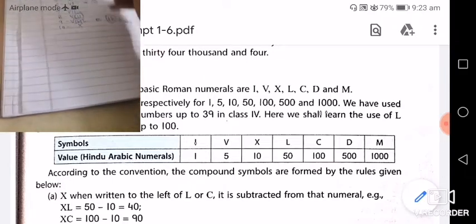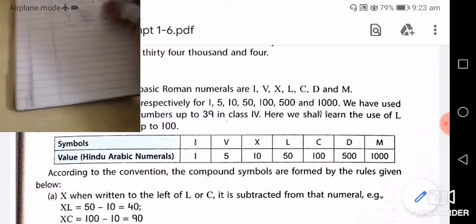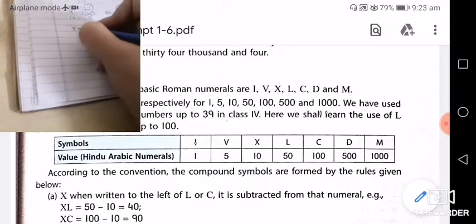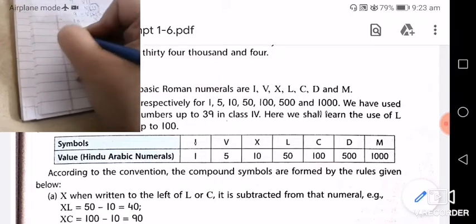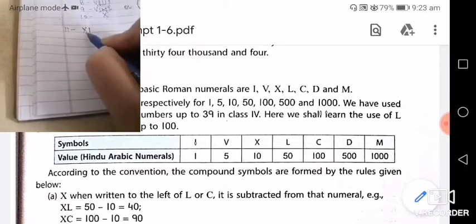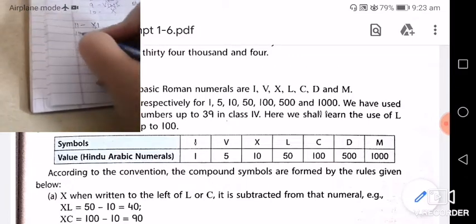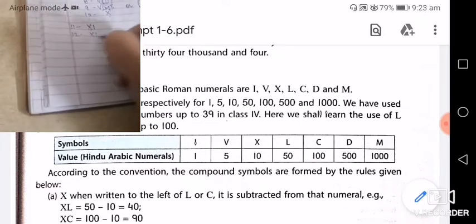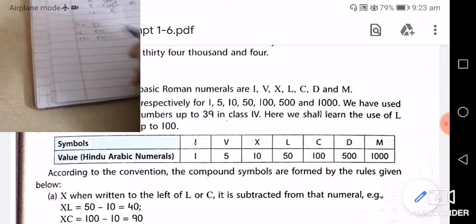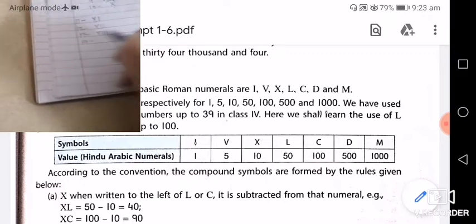Now we'll come to a little bigger number, like when you have to write 11. So this will be the symbol of 11. 11 you can write it like this. Similarly 12, 13, 14.